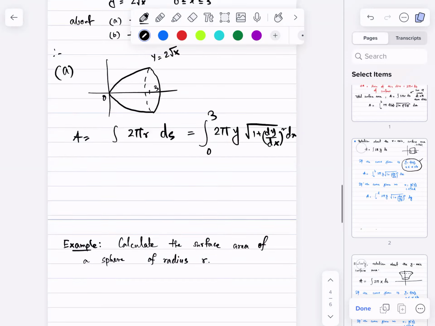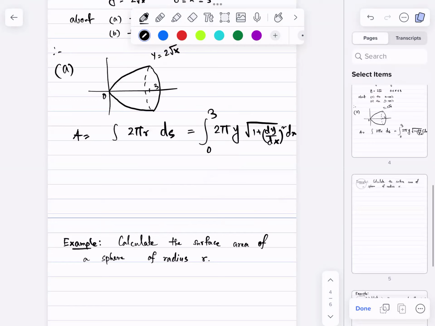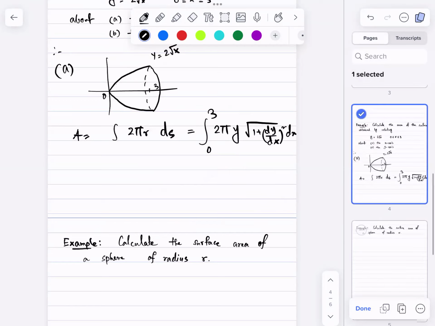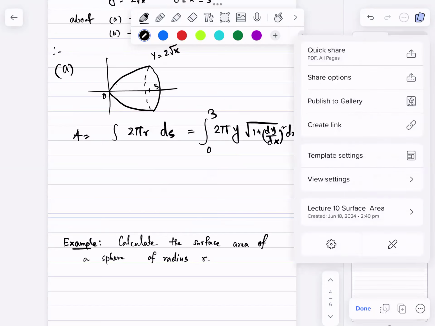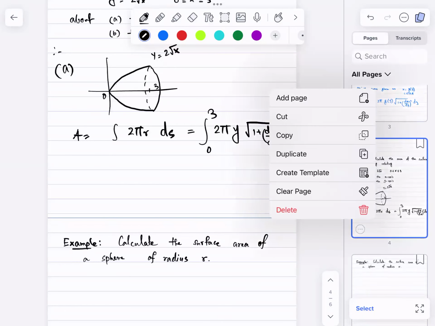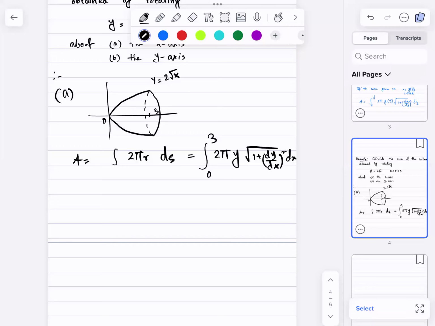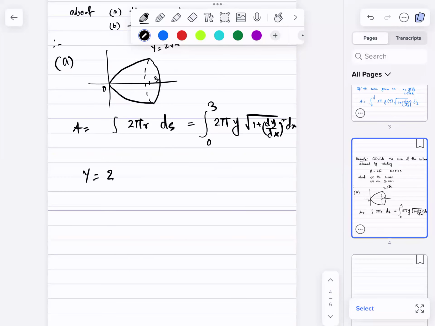Now we have to figure out what this is actually. Let me just add one more page. We know that y is 2 root x, so dy/dx will be just x to the minus half.